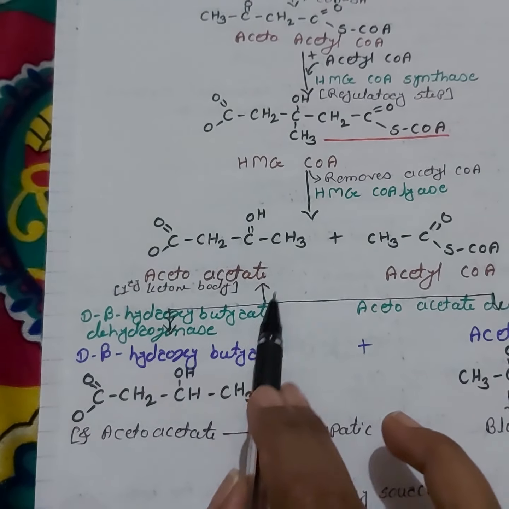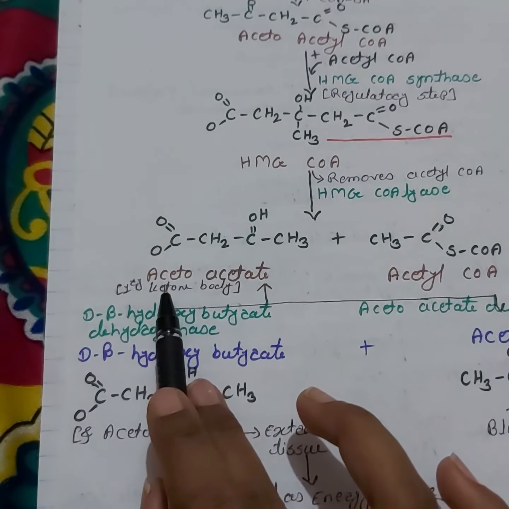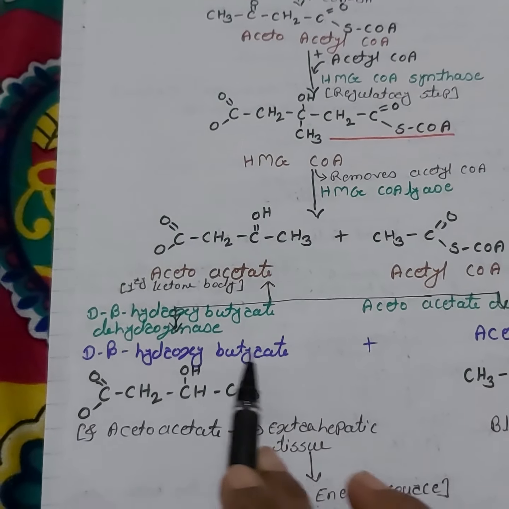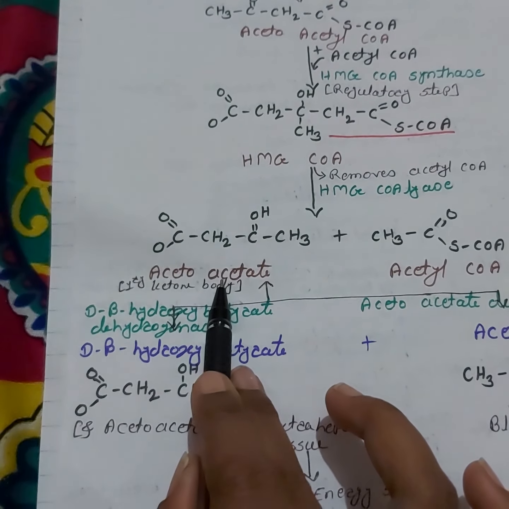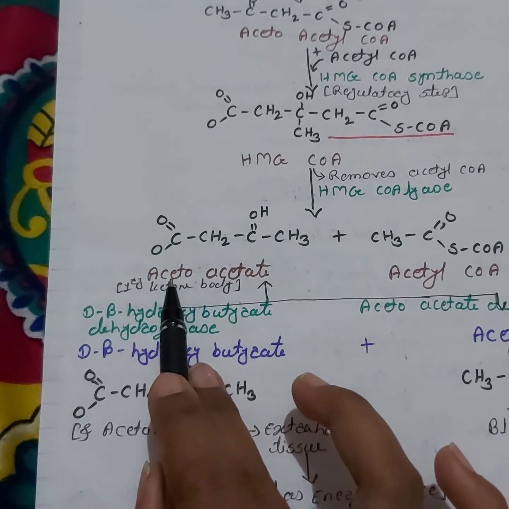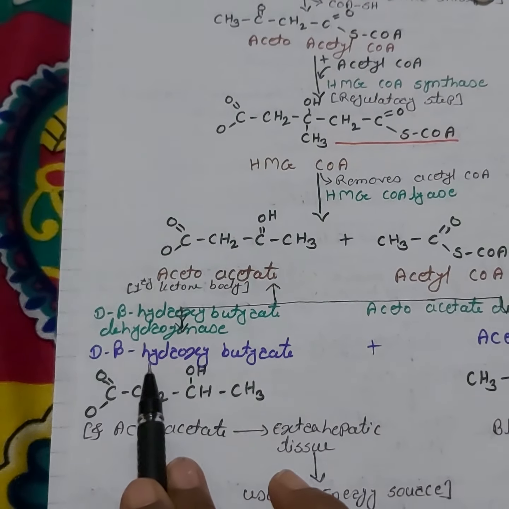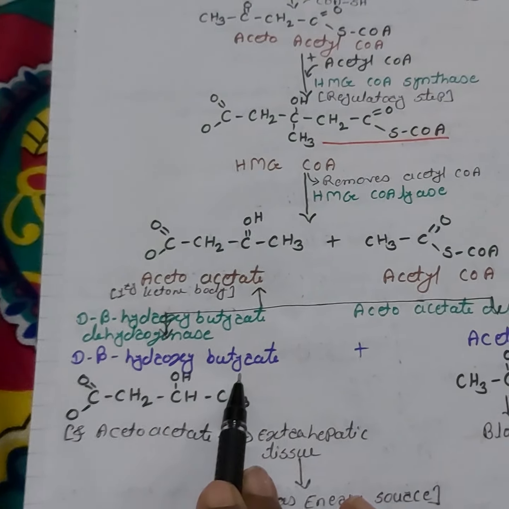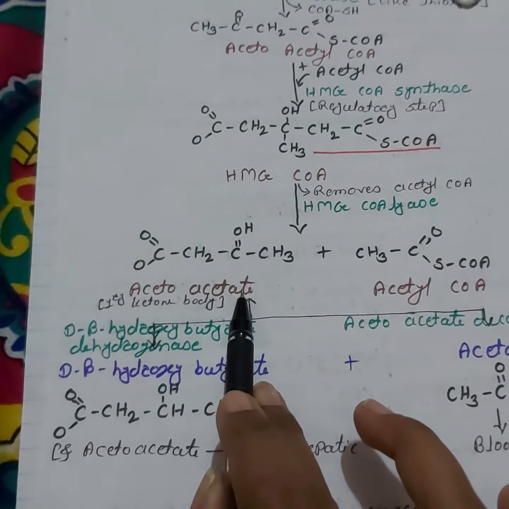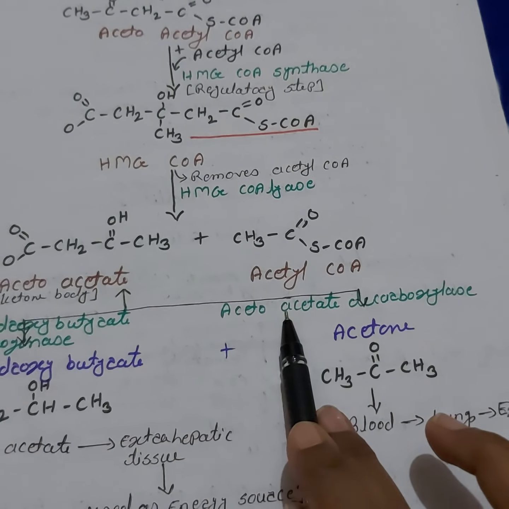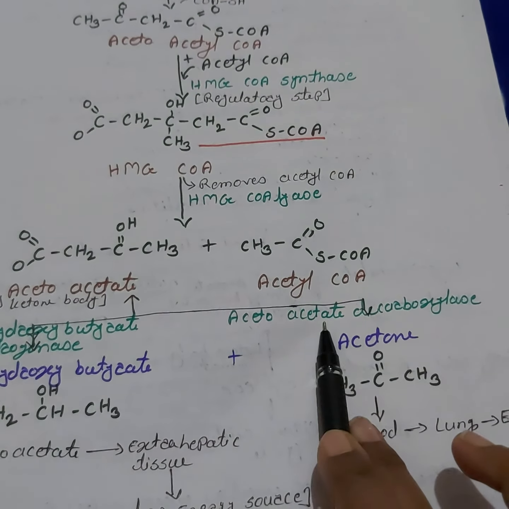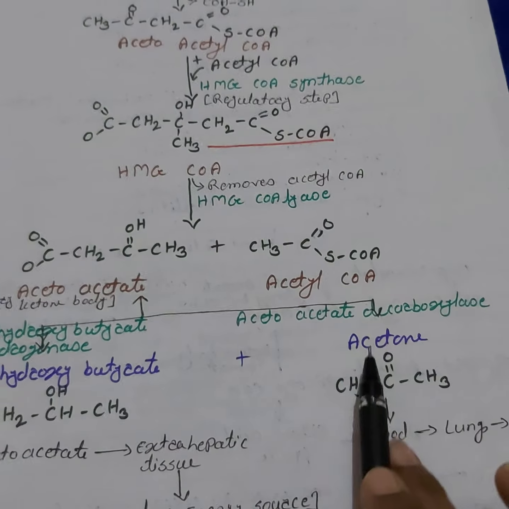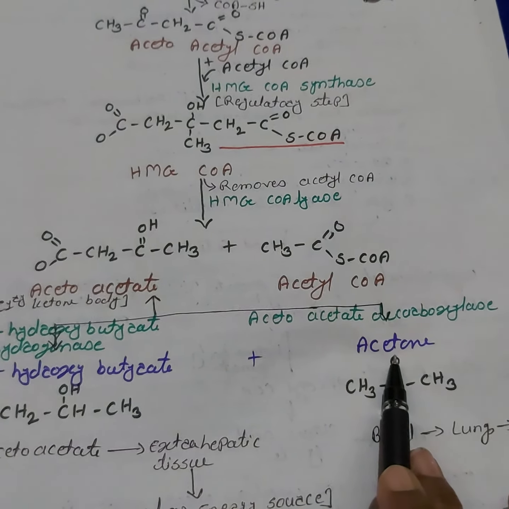This reaction is reversible, meaning you can get D-beta hydroxybutyrate from acetoacetate, and you can also get acetoacetate from D-beta hydroxybutyrate. When acetoacetate is acted on by the second enzyme, acetoacetate decarboxylase, we get a molecule of acetone.